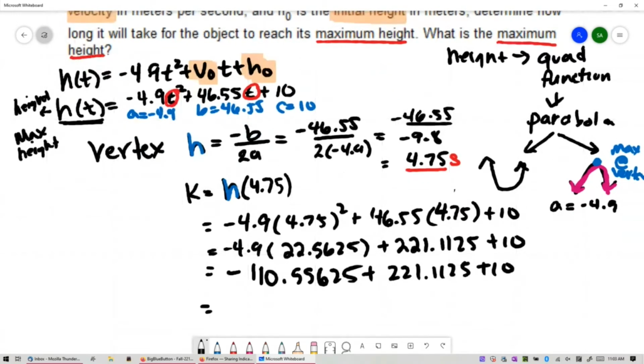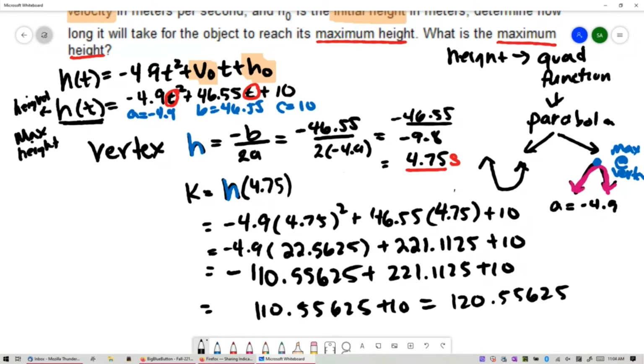And do 221.1125 minus 110.55625, and that gives me 110.55625 plus 10. That is 120.55625.